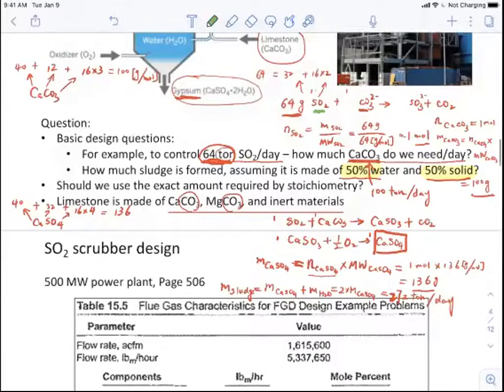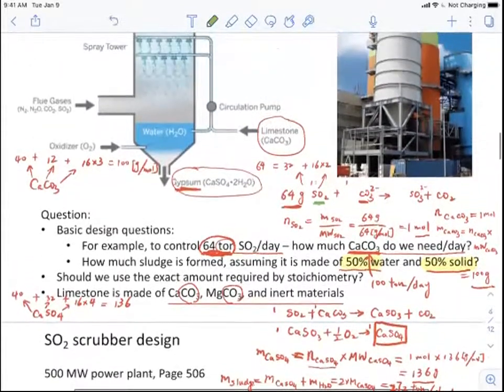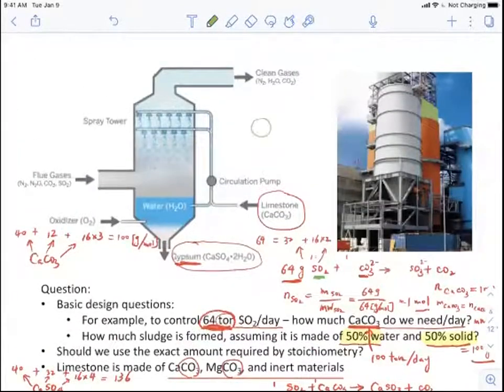So if you think about this reaction process, you have a droplet, and then you have solids inside, and then you have sulfur dioxide that tries to get into the liquid and react with the solid. So this reaction here is actually quite slow, okay?